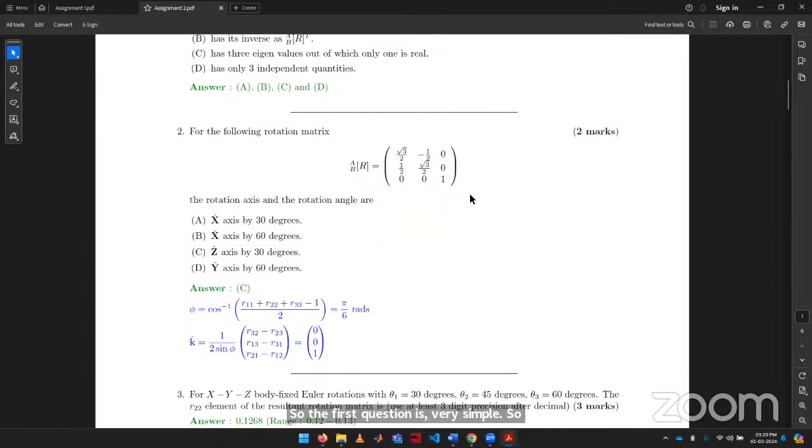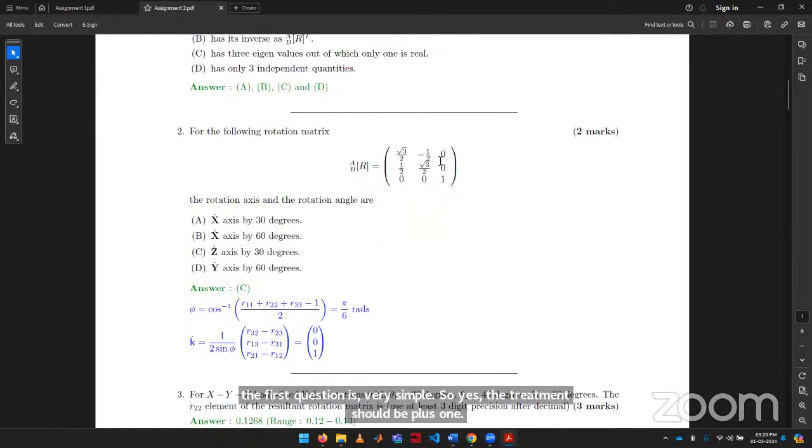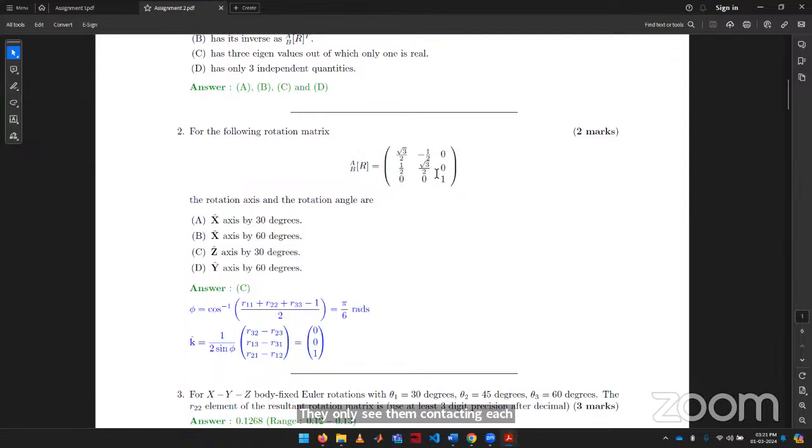For this one, if you use the equation to find the axis of rotation, you will see that this axis is 0, 0, 1, so this is the z axis, and if you use the angle equation, you get this particular value.